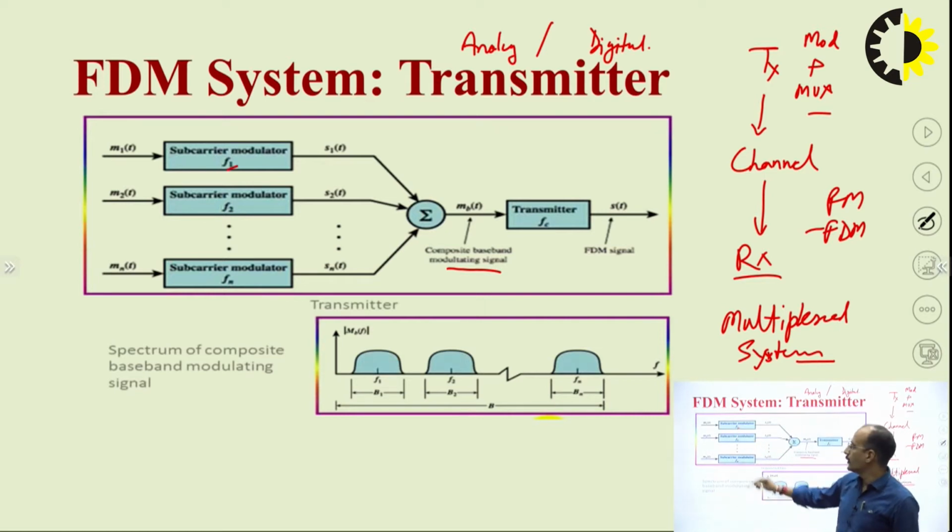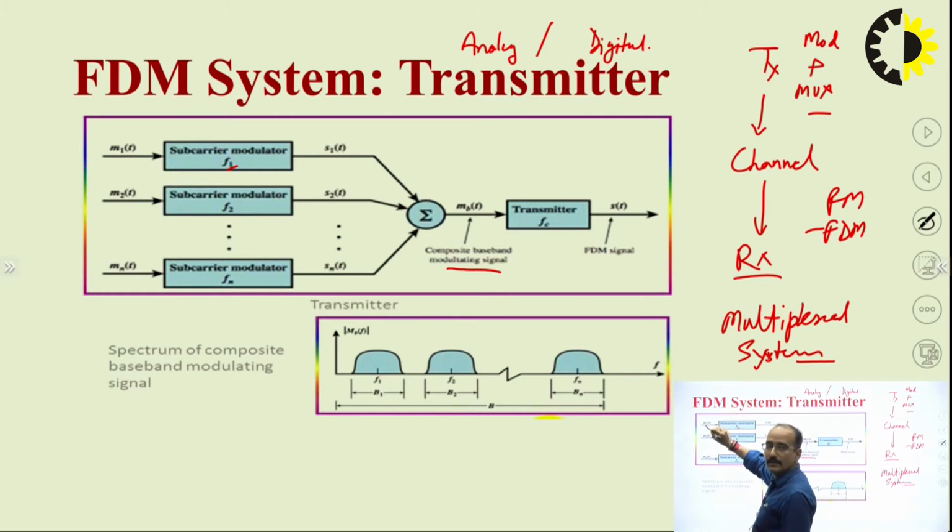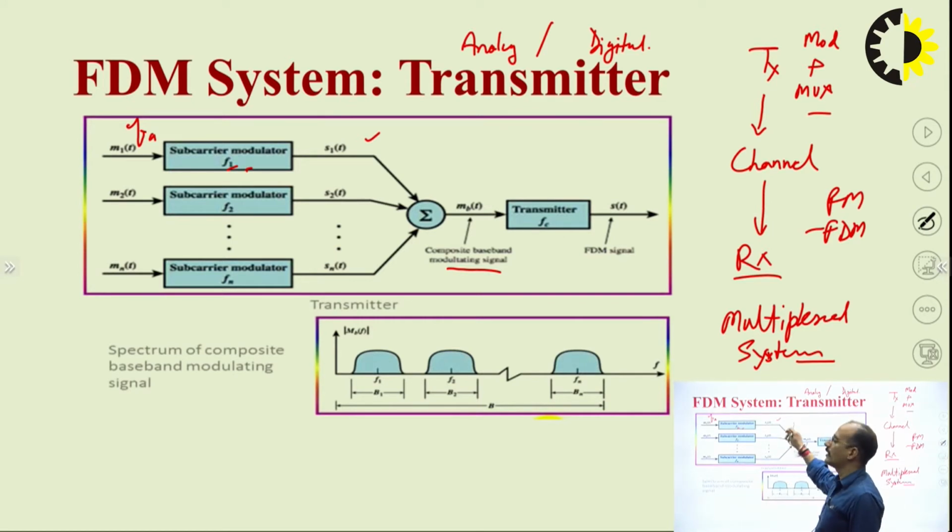Means, your M1(t) signal frequency is fa. That fa frequency is modulated with the f1 subcarrier frequency and we will get an S1(t) signal. That is a subcarrier modulated signal which changes the frequency band of the input M1(t).